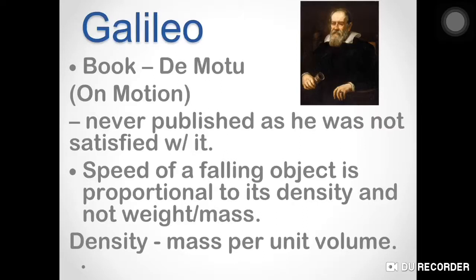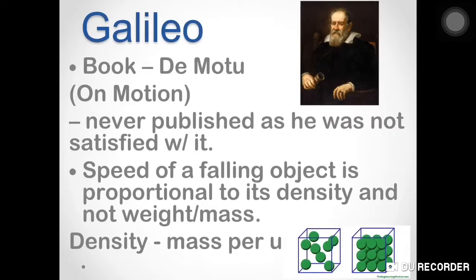Density is mass per unit volume. One good example of this is the cube or box that you can see in the monitor. One box is denser than the other. How are you going to determine that it is denser?